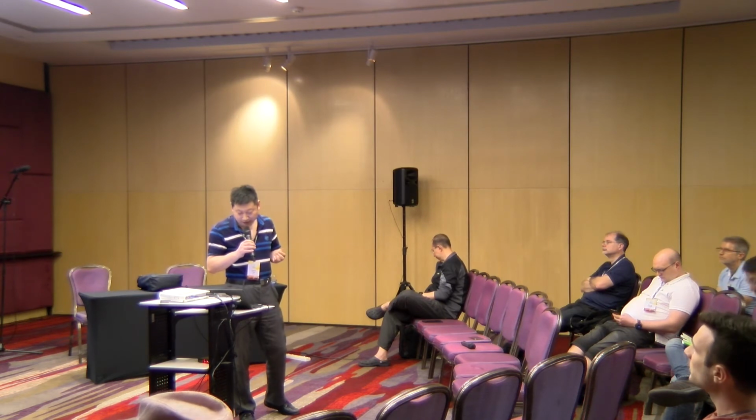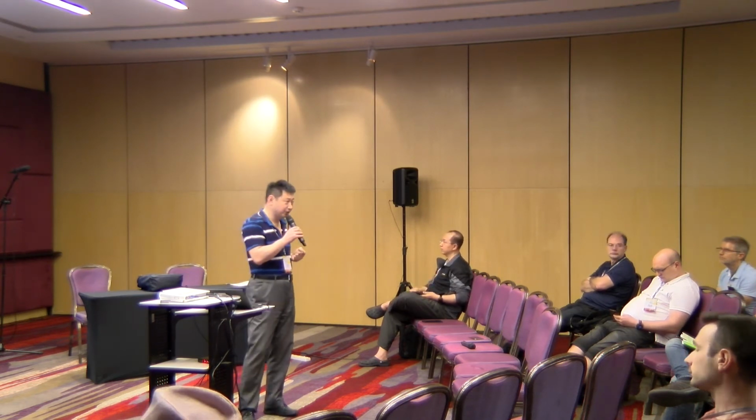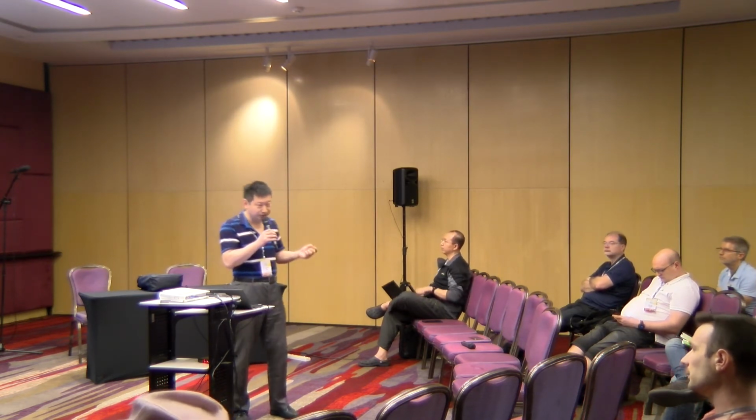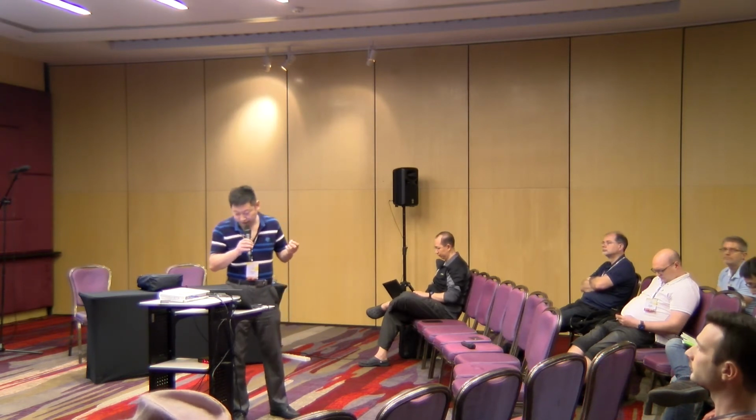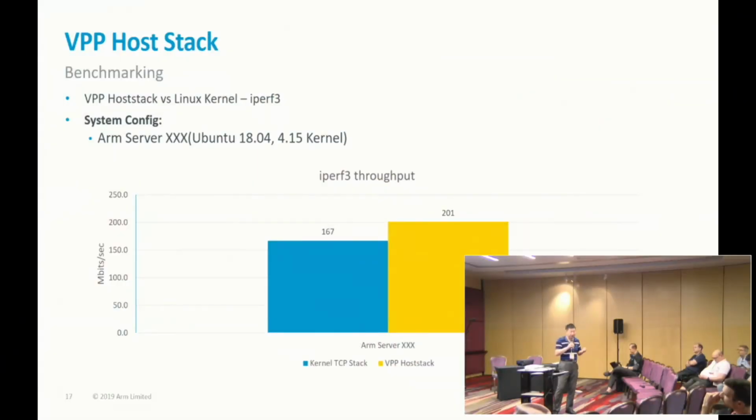We see that VPP Hoststack has a little higher performance than the kernel stack, with a packet size of 64 bytes and a 10 gigabit NIC. But if we use more CPU cores, the difference can be bigger, so the VPP Hoststack has even higher performance.